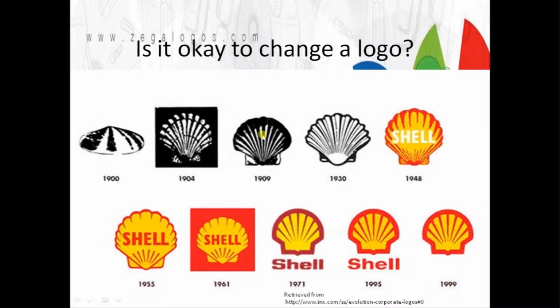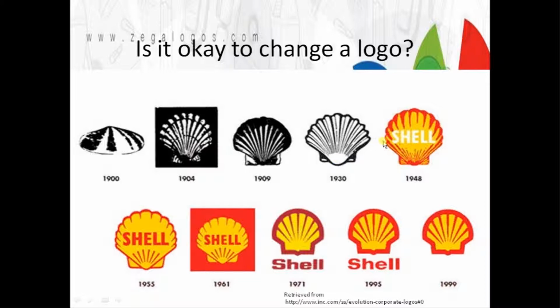Then they make the shell a little bit darker and they remove the background. Then over here, the shell has expanded a little bit, and this area is white. That is a little bit darker with texture, so it might represent the growth of the business over time.